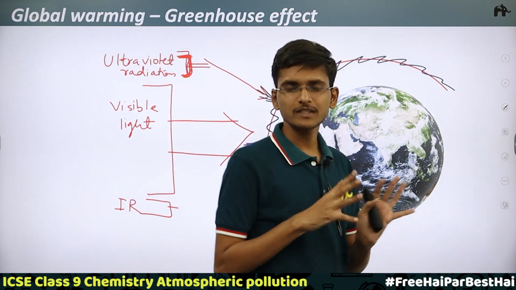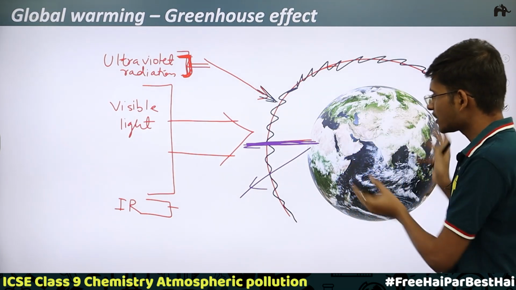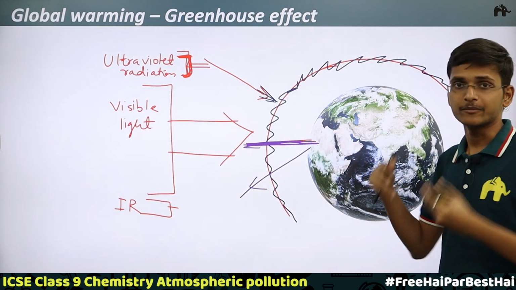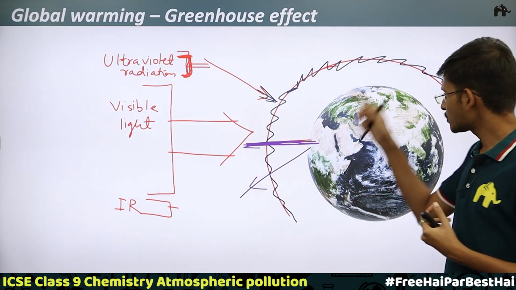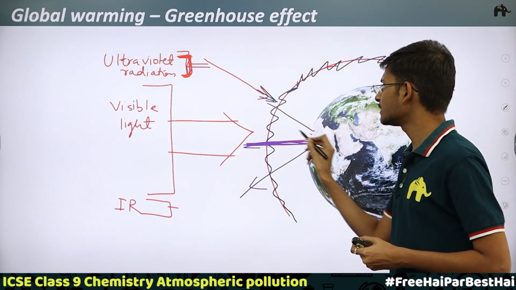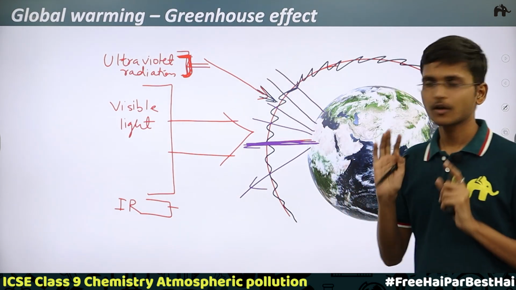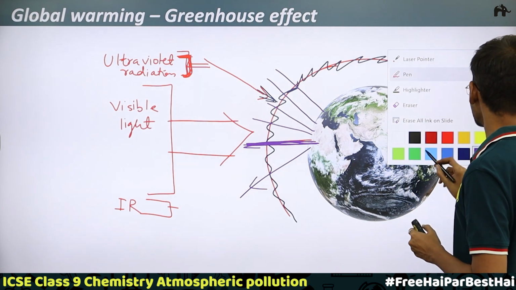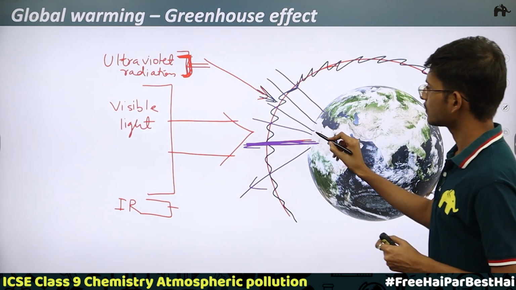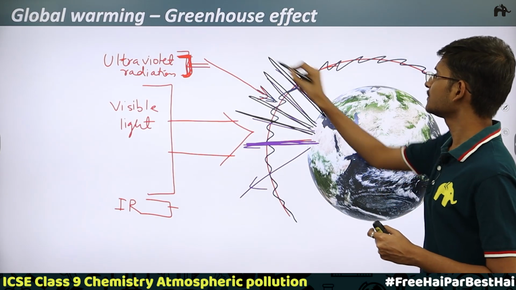In the same way, since our earth is now hot because of the visible light it is absorbing, it gives off infrared radiations. I will show it with a different color, black, like this. Now this is the thing we need to focus on.